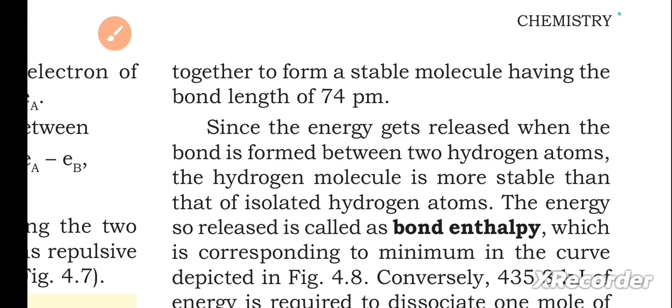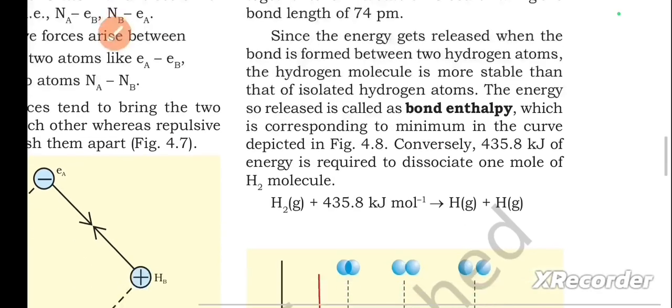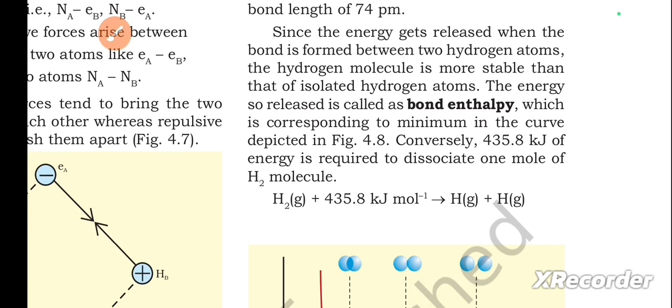Since energy gets released when the bond is formed between the two hydrogen atoms, the hydrogen molecule is more stable than isolated hydrogen atoms. The energy so released is called bond enthalpy, which corresponds to the minimum in the curve depicted in figure 4.8. Conversely, 435.8 kilojoules of energy is required to dissociate 1 mole of H2 molecules.